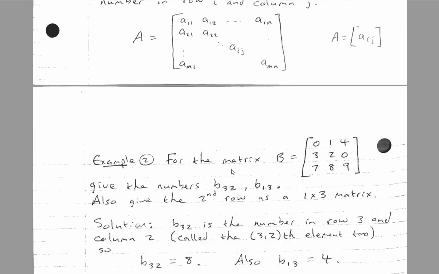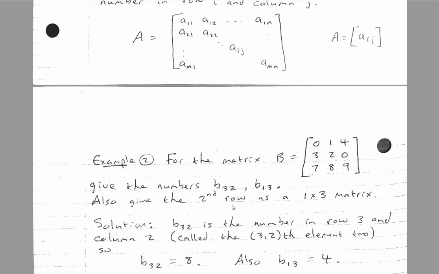For example, for this matrix B, with these numbers, give the numbers B sub 3, 2 and B sub 1, 3. Right now we're using little b's to label the entries instead of a's.